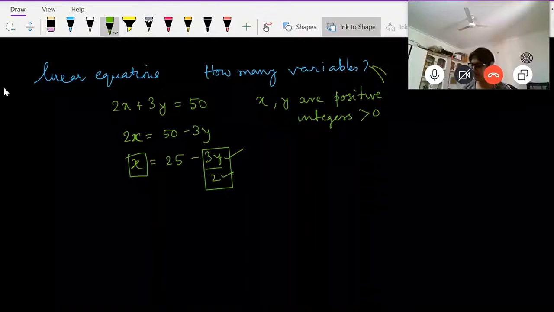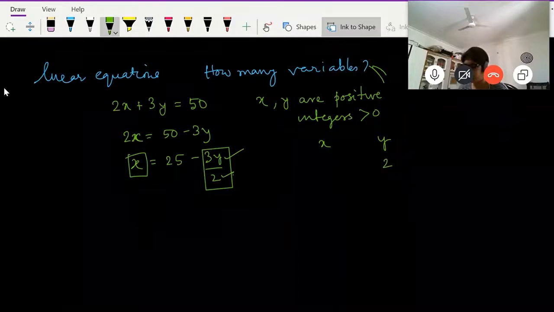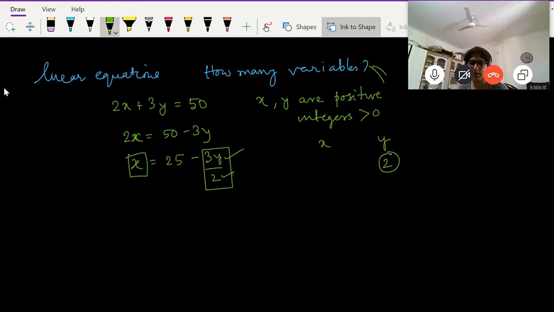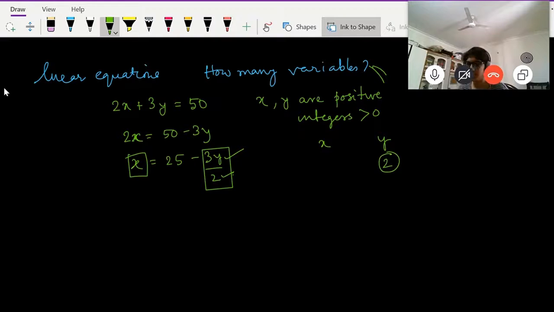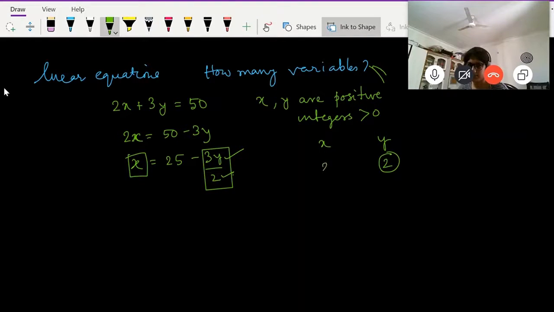So what should be the lowest multiple of 2? 2 or 4 we can put. No, we have to start from the lowest one. So the lowest multiple of 2 is 2 itself. So when y is 2, then x becomes 25 minus 3, which is 22, right?